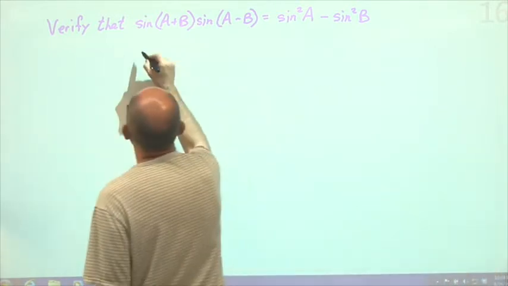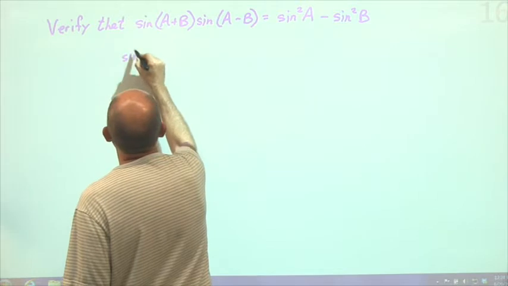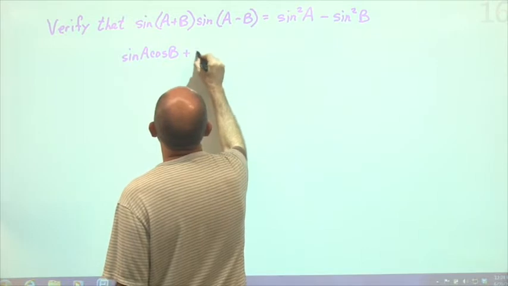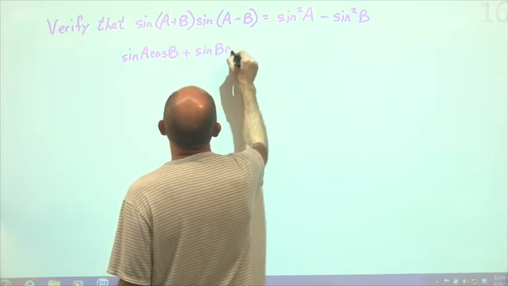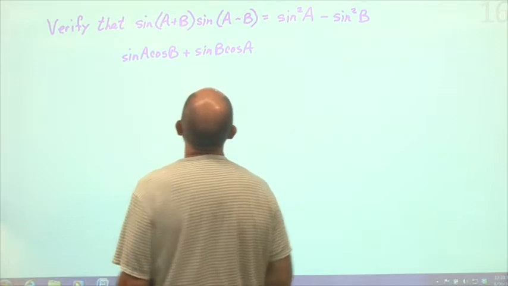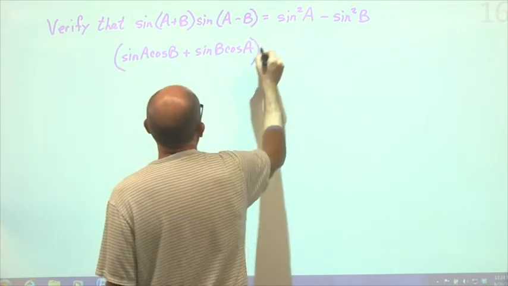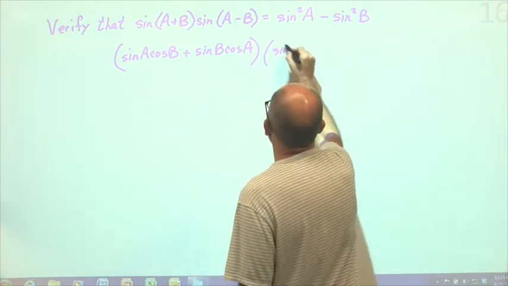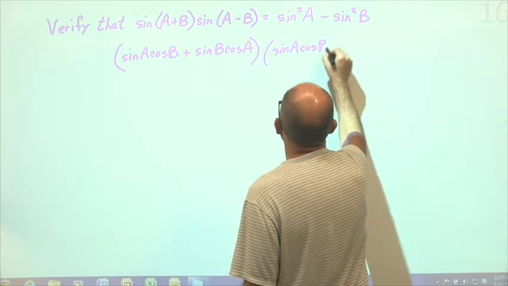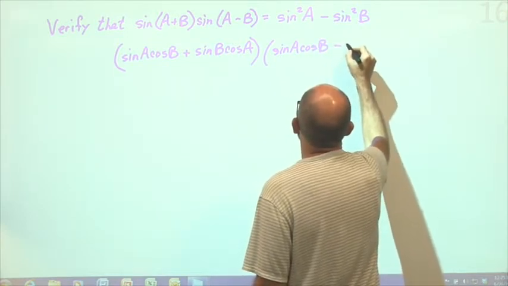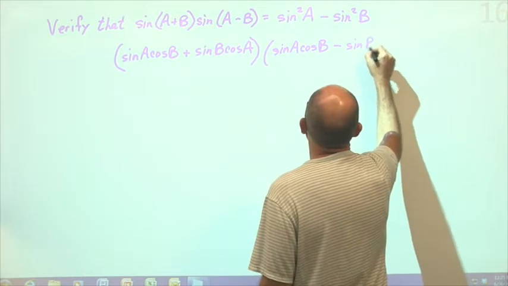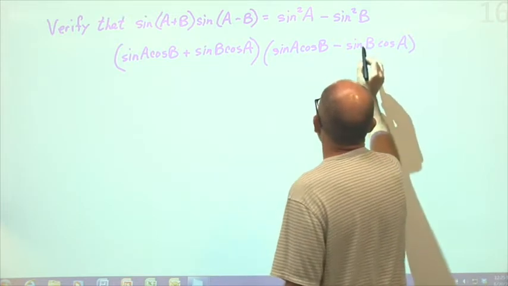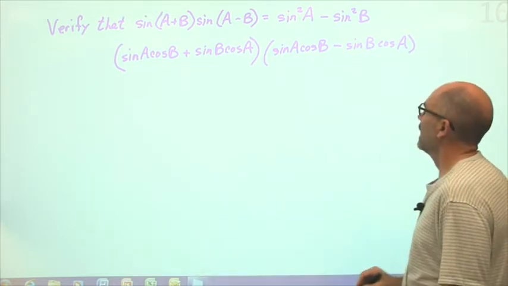Sine of A plus B equals sine A cosine B plus sine B cosine A. Now we need to multiply that by sine of A minus B. So that's going to be sine A cosine B minus sine B cosine A. Notice all we did was go sine cosine, then trade partners, sine cosine, and keep the same sign.